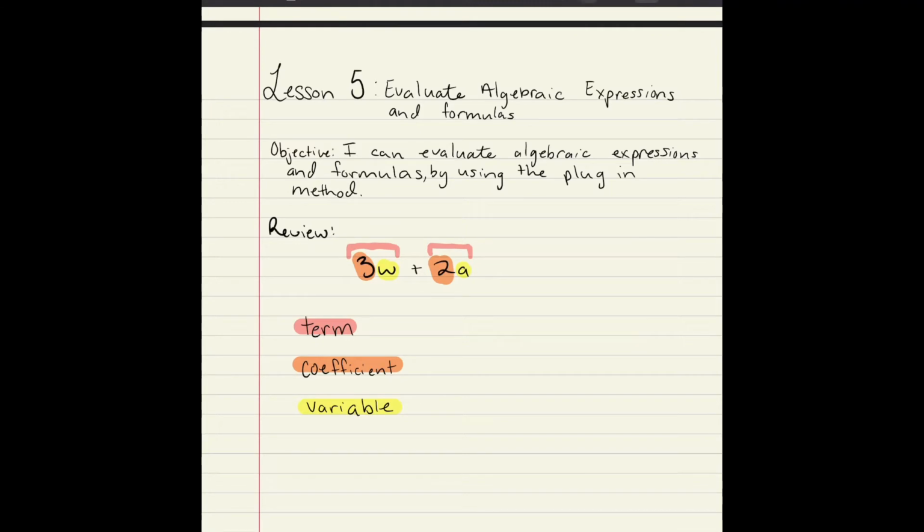So remember, in between 3w and 2a, there's our invisible multiplication sign. And also remember that if you have a variable just by itself, like k, there's an invisible 1 in front of it, okay? It's never just a variable on its own. It always has a coefficient.